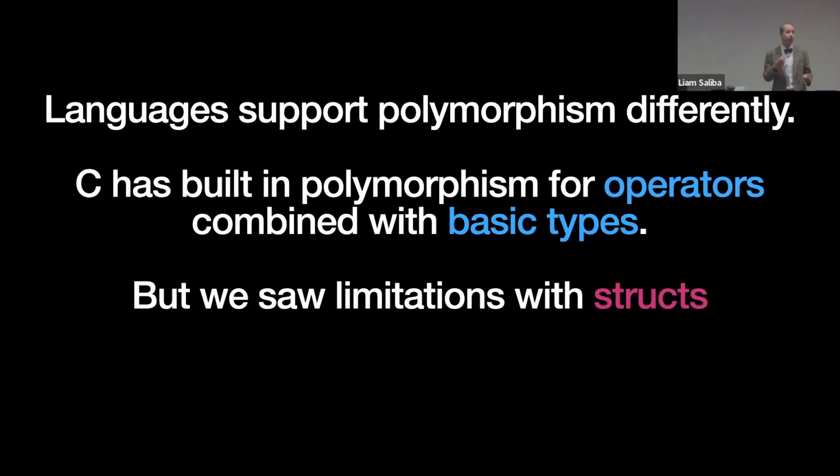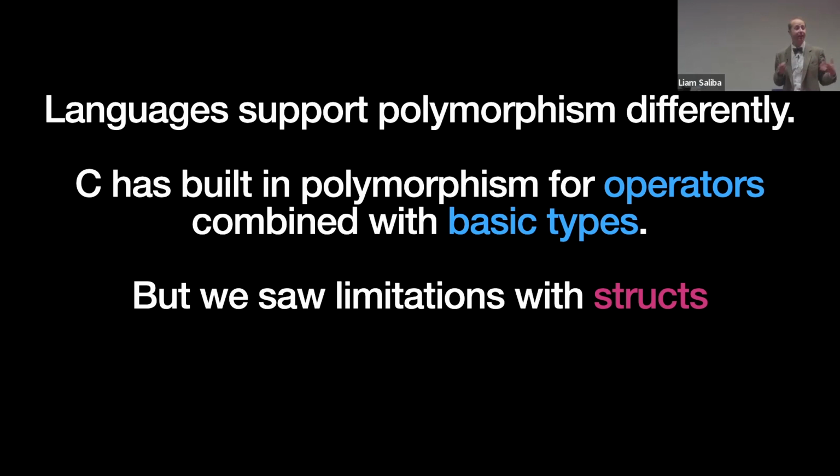So languages support polymorphism to different extents. Python is very, very polymorphic and is very expressive with regards to this. In some languages, you can change what the plus in the language means. You can change what the minus means. C has more restrictions than that. We implement polymorphism mostly using these function pointers.